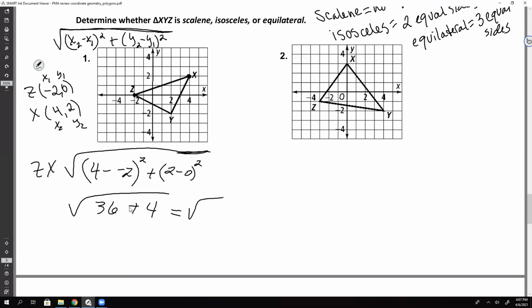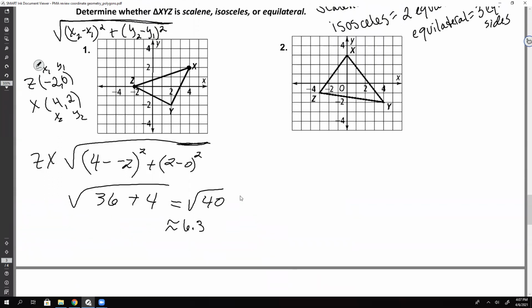So you do 36 plus 4, so it's the square root of 40. Then you do the square root of 40, and you get 6.3. Okay, so that's the first side. So this side is about 6.3.